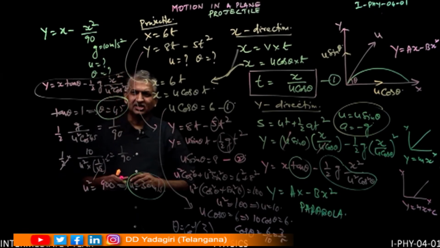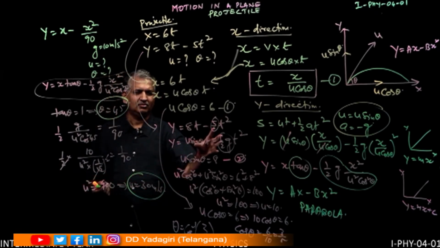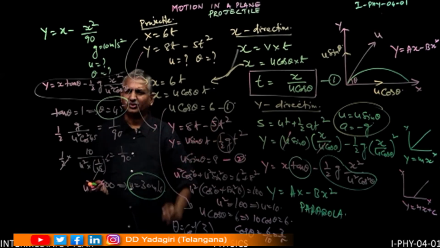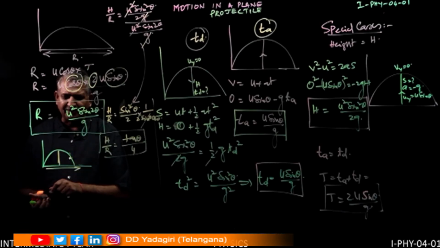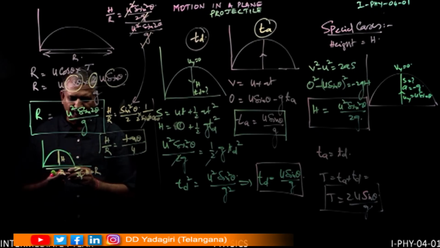So like this, these are the problems connected for the resembling the equation of projectile. So what's going to happen? This h and r are same. So if h is equal to r, what's going to happen?